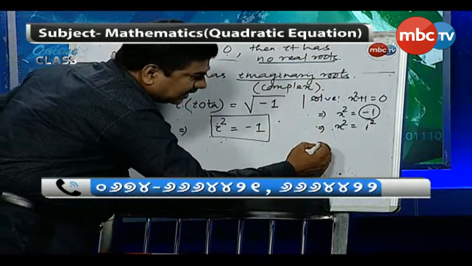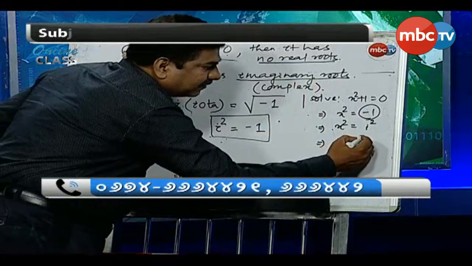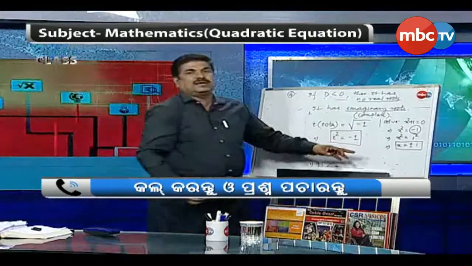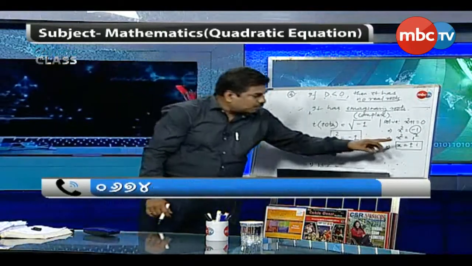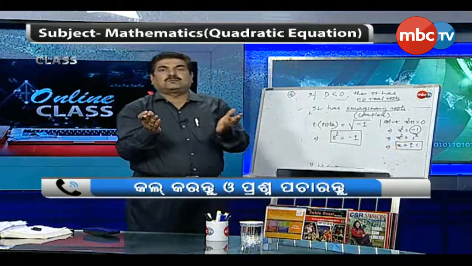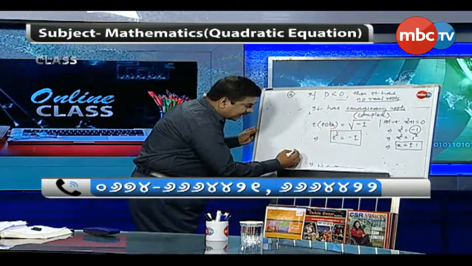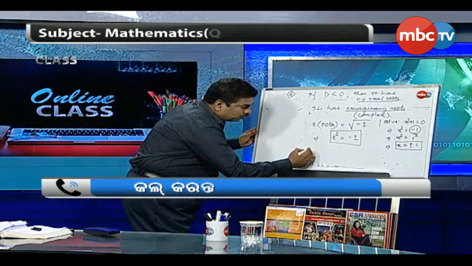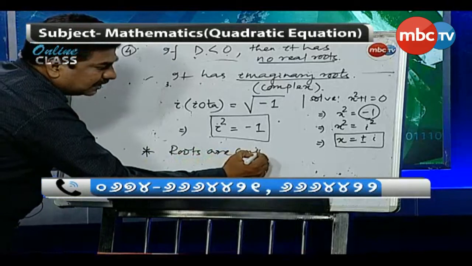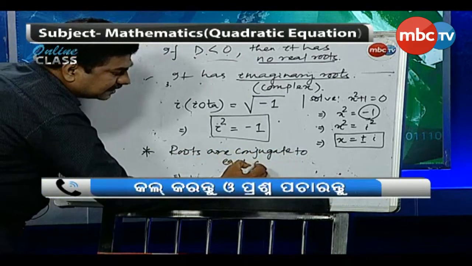So here you see, if x square is equal to i square, then automatically the value of x is plus or minus i. It has two roots: one root is i and the other root is minus i. That means it has imaginary roots, and the roots are conjugate to each other.